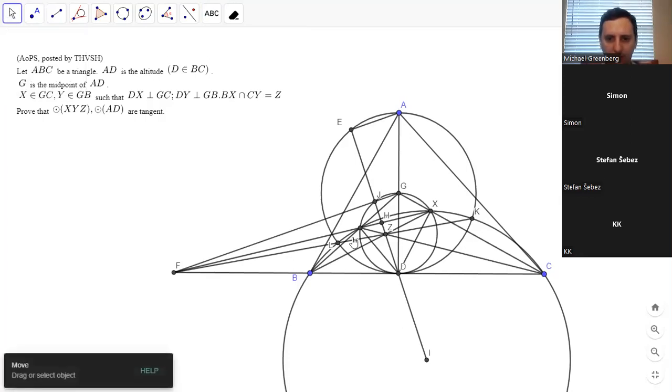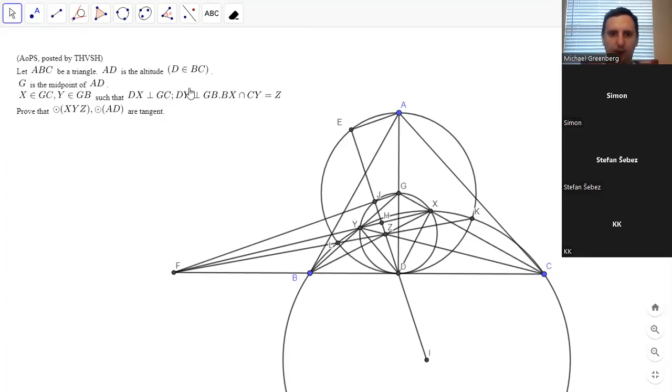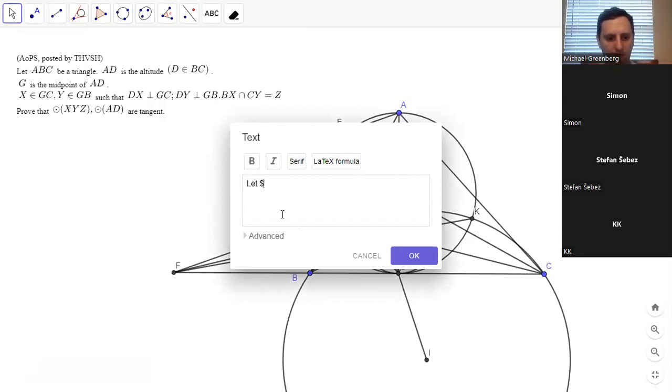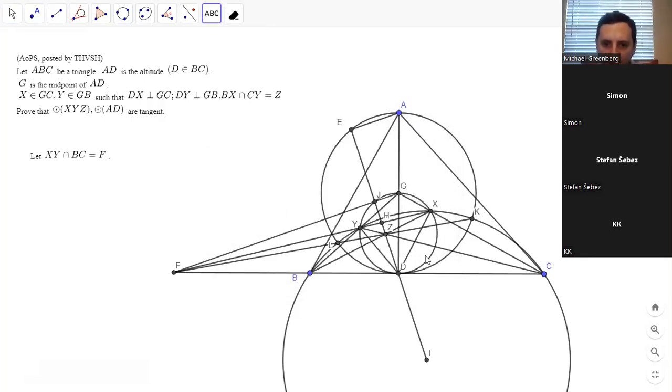First I'll start out by saying let XY intersect BC at F. And then let BZ, yeah, it's all a matter of how we want to define things, right? Okay. J we should define as the Miquel point of BYXC.